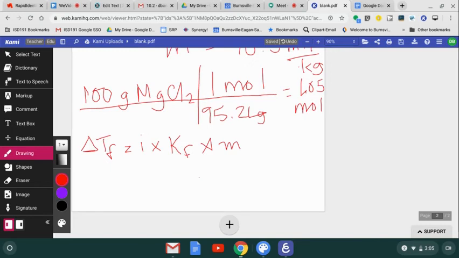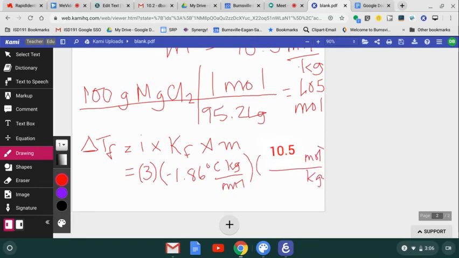All right, so if we plug the numbers in, we get 3, because we have 1 magnesium and 2 chlorides, times the constant, which is negative 1.86 degrees Celsius times kilograms per mole, times the molality.